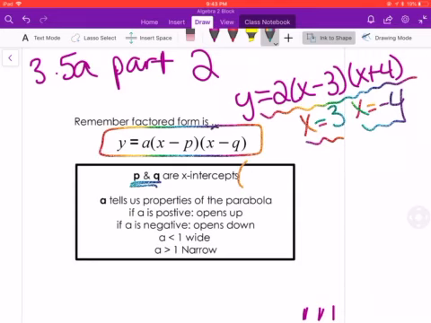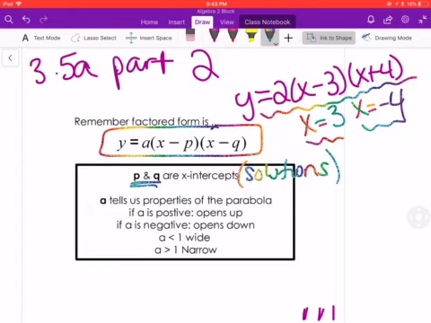So our x-intercepts are also known as our solutions to our equation, and we can also call them our roots or our zeros as well. So in factored form, p and q are x-intercepts. Then a, our leading coefficient, tells us if it opens up or opens down, and if it's more wide or more narrow, similar to standard form.